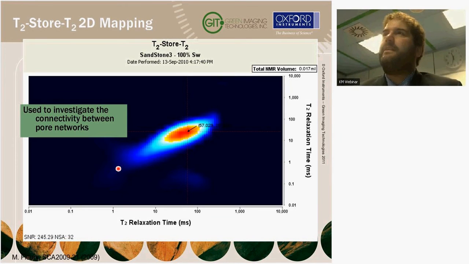By that I mean the spins in the small pores are still in the small pores, and the hydrogen in the large pores is still in the large pores. If hydrogen moves from the small to the large pore, we'll begin to get a signal, as you can see slightly here, off diagonal. The intensity of this versus the intensity that stays on the diagonal can indicate the connectivity between the two pore networks. So it's a method to look at the exchange between pore networks.